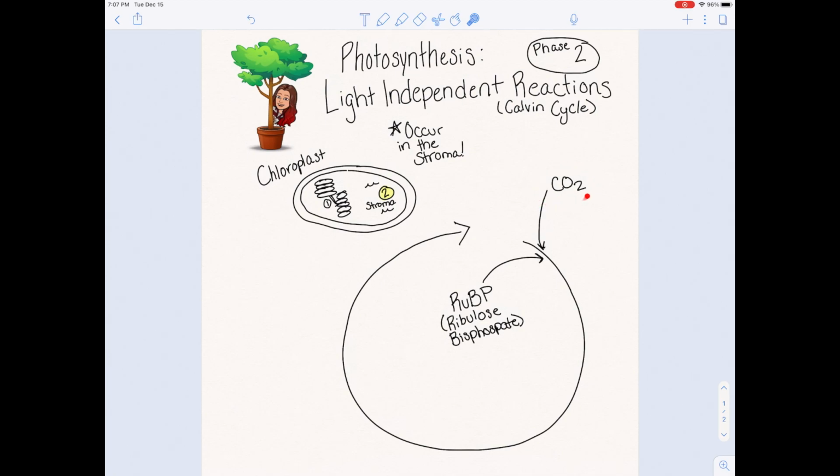This carbon dioxide molecule has one carbon, the RUBP has 5 carbons. So when these come together at an enzyme called rubisco, they're able to form a 6-carbon sugar.